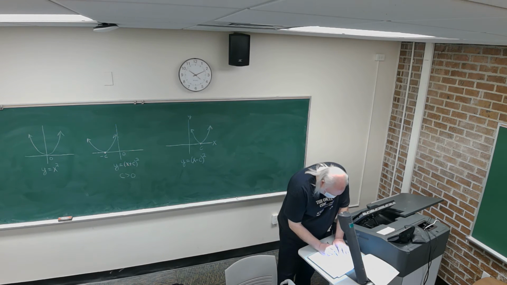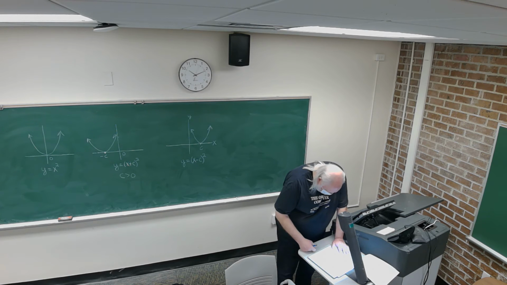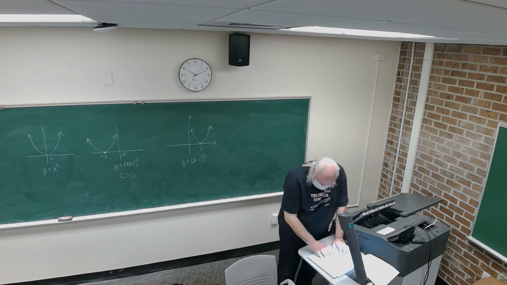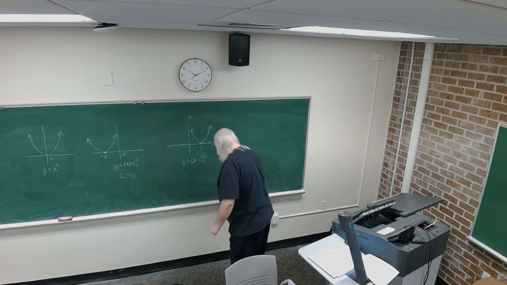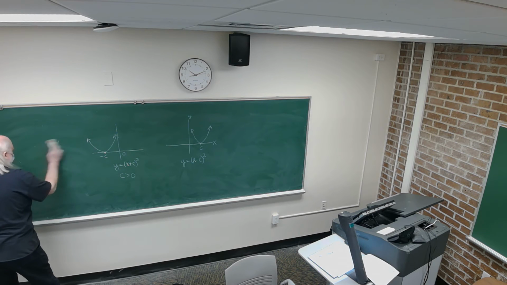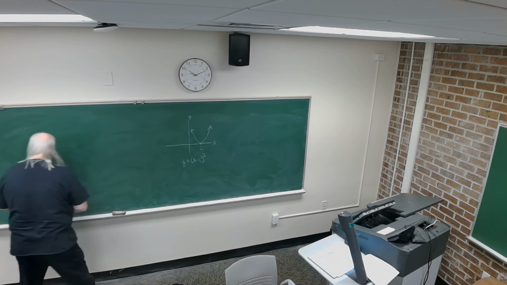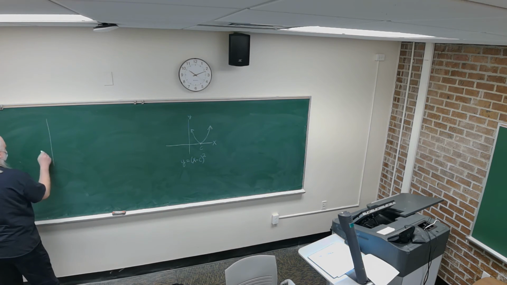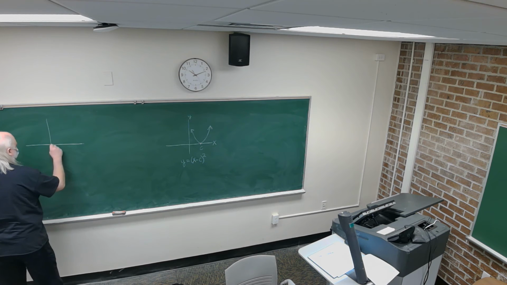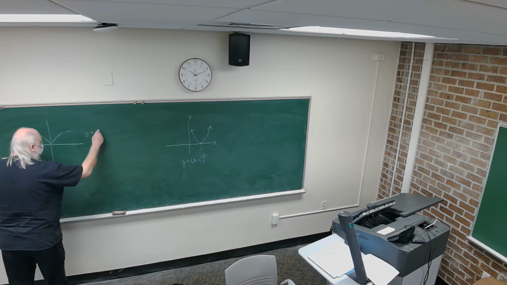So when I take this graph, first I shift it to the left 2 units. So here's our beginning graph, right? y equals x to the 2/3, right?